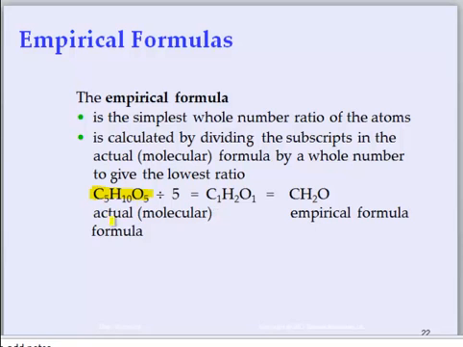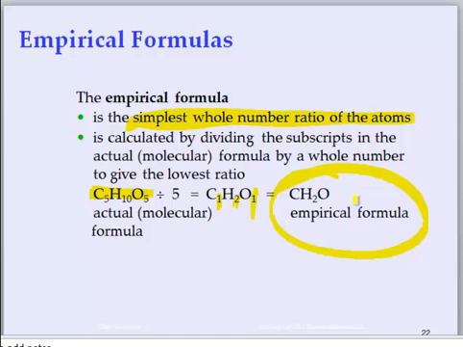Since 5 is the lowest number, divide all of them by 5, and you see that the ratio of carbon is 1, hydrogen is 2, and 1 is the ratio of oxygen. So this is considered to be an empirical formula, which is the simplest whole number ratio of the atoms. Again, the empirical formula is not the true molecular formula. This would be your molecular formula.